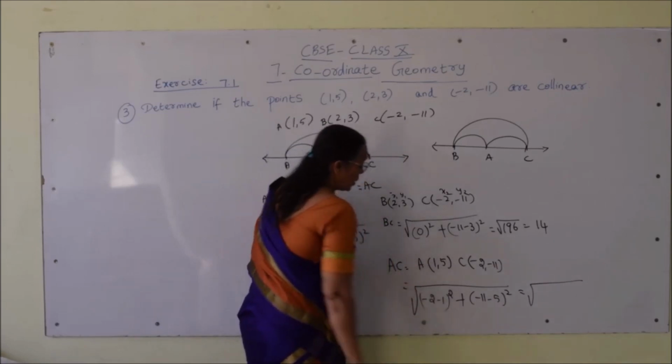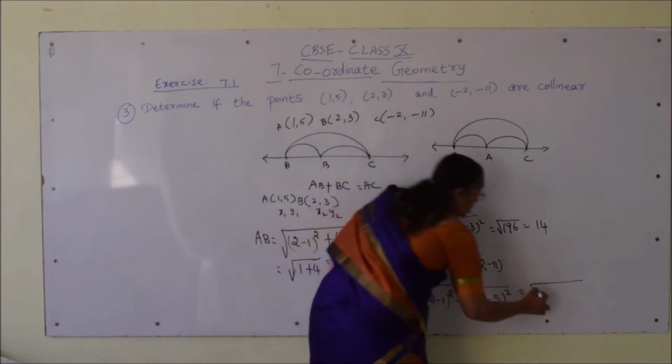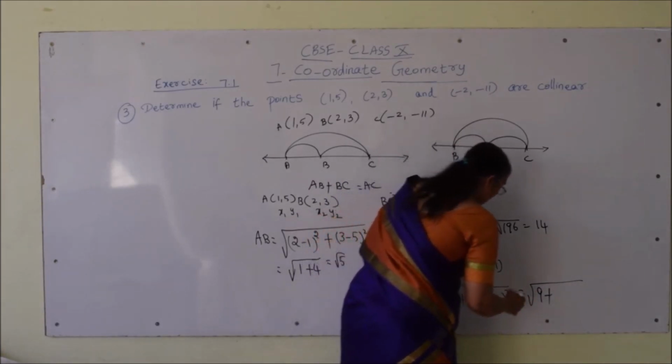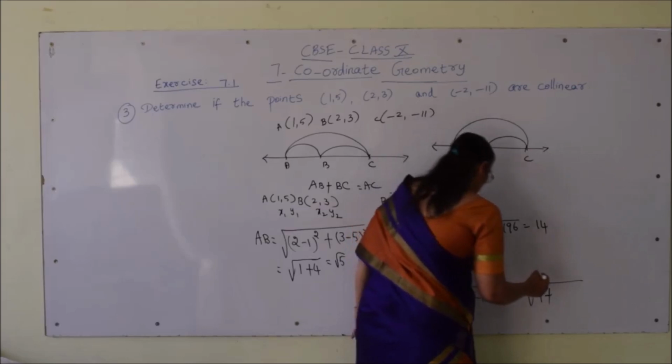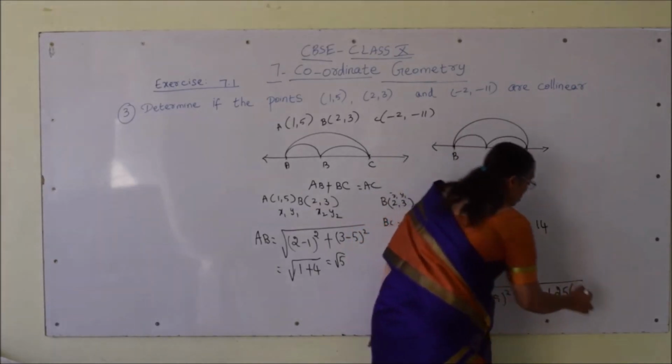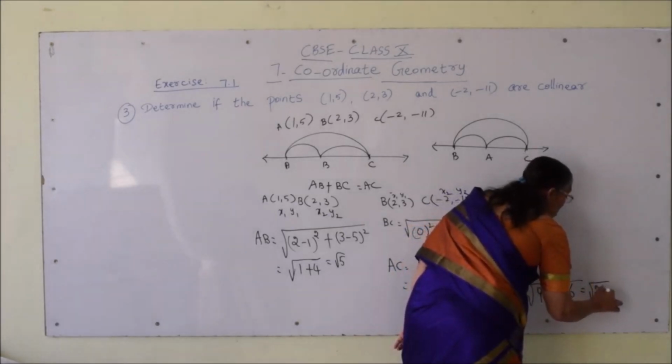Minus 3 whole square is 9. 9 plus, minus 11 minus 5 is minus 16. Minus 16 whole square is 256. So, which is root over 265.